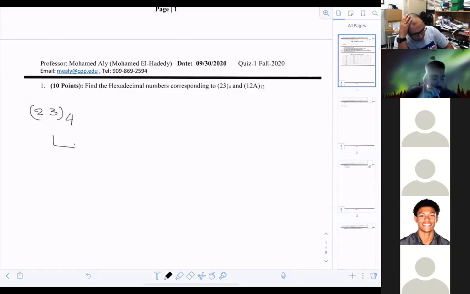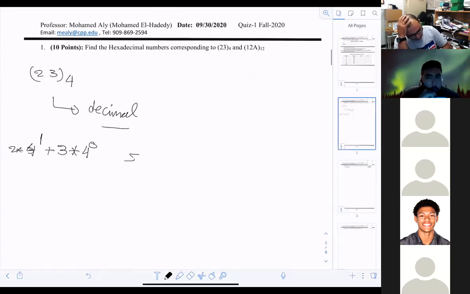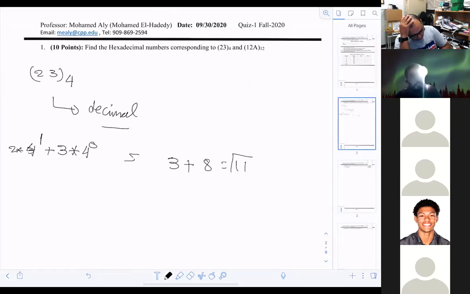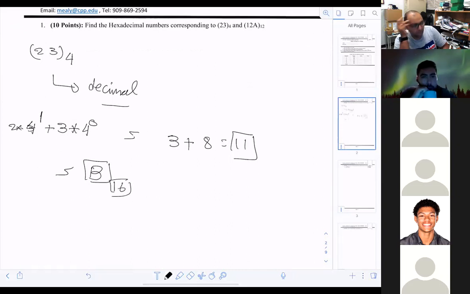I did 3 times 4 to the 0, and then 2 times 4 to the 1, plus the next term, and I got the decimal value, which was 11. From there, I converted to hexadecimal, which is base 16, and found E2. So do you think what I'm doing is correct?